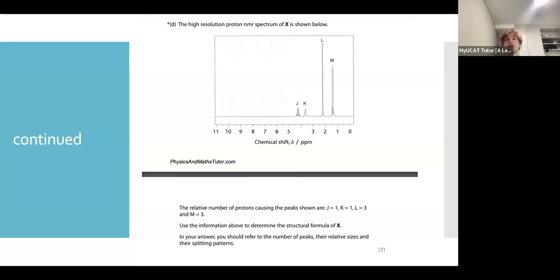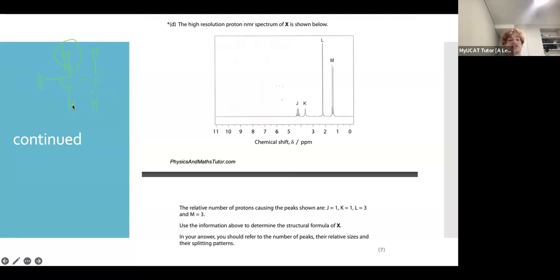The word adjacent meaning the carbon right next to it, basically. So, for example, if I drew this out, where you've got a CH3 and then a CH2, as I drew before, the peak for this proton over here will have a relative area of three because three protons exist in this environment, one, two, three.